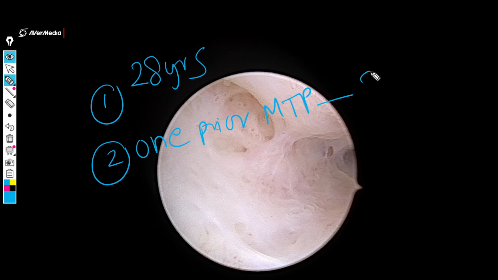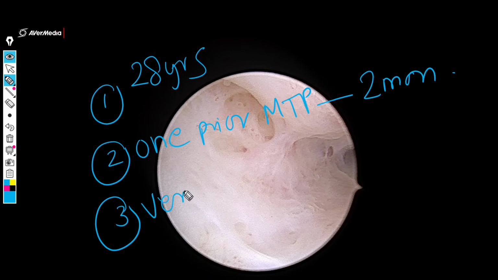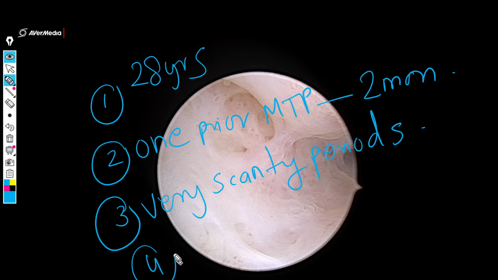This was at around 2 months of pregnancy, and at present she has developed very scanty periods. Of course we call it hypomenorrhea, but in patient terms she has developed extremely scanty periods since the time that the MTP was done, and therefore our probable diagnosis is intrauterine synechiae.